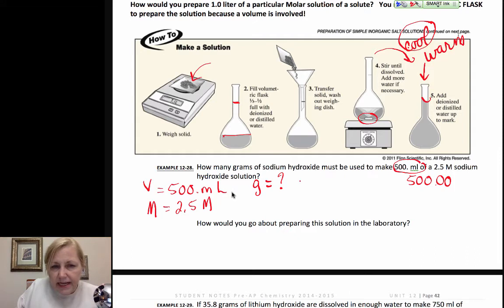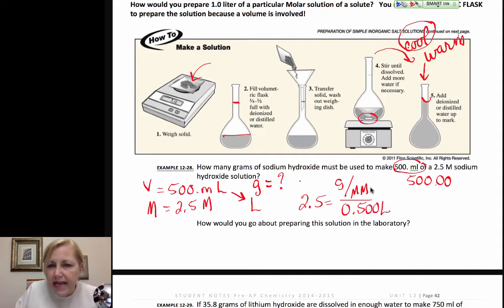All right, my volume, your next step is to liters, so we can't have milliliters. And so I'd put 2.5 is equal to mass over molar mass divided by my 0.500 liters.